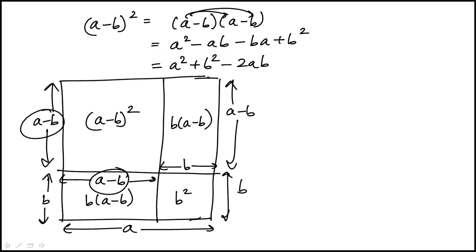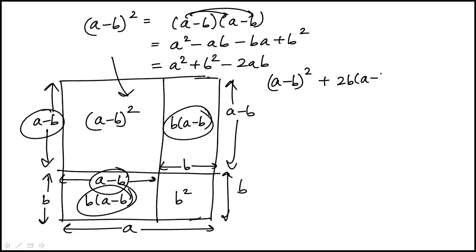So the sum of the areas, or the area of this large square, would be A minus B squared plus two of these, 2B times A minus B, plus B squared, and that's equal to A squared, because that's the outside dimension here. And so I'm going to write it as A minus B squared.